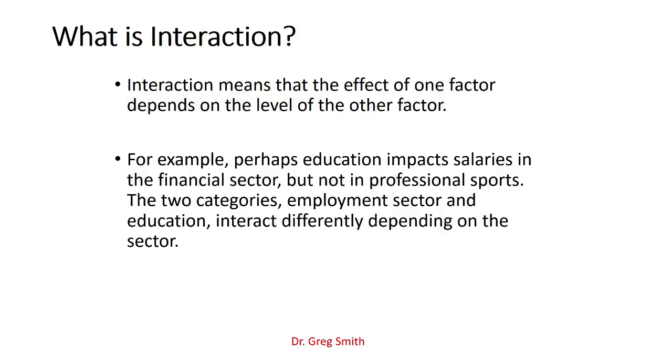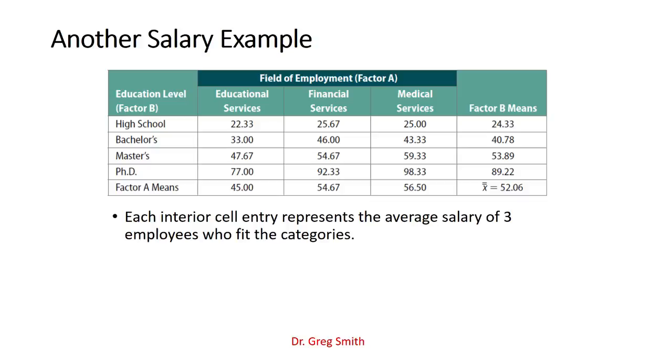One moves in the direction of the other, right? So perhaps education impacts salary in the financial sector, but it doesn't in professional sports. So in the two categories, employment and education, they interact differently depending on the level or the sector. So there's a difference happening. One has a different effect on the other than the other.